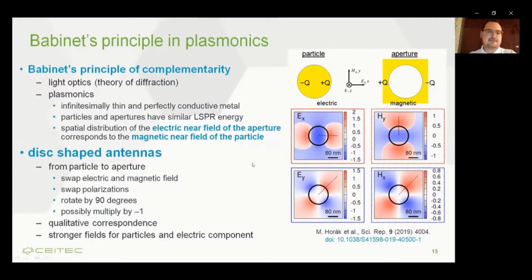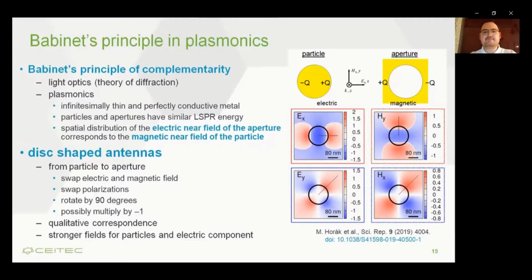And we can see that the qualitative correspondence is very good, but on the other hand, we see that we have stronger fields for particles and the electric component. So the Babinet complementarity is not 100% perfect in the visible range.